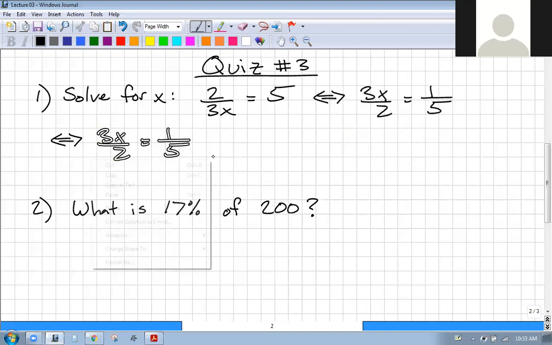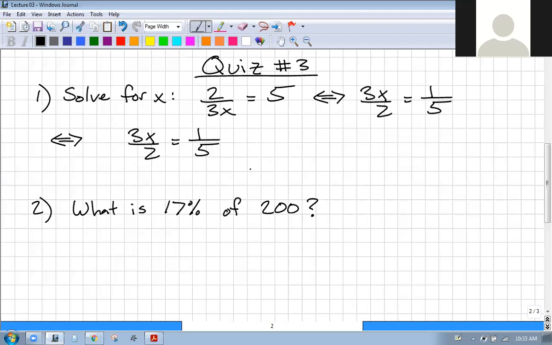Okay, now what do we do? Anybody tell me what we do next to get that X all by itself? Divide both sides by the same. All right, what are we going to divide by? We got to divide both sides by 3, right?